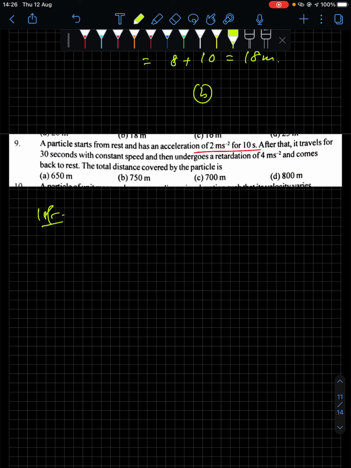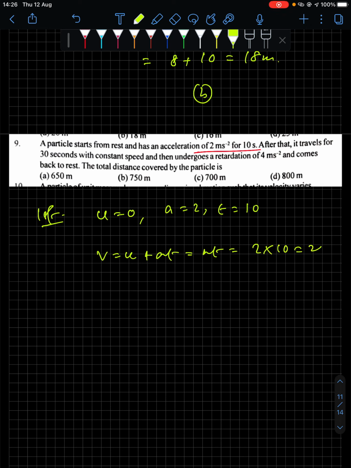So in the first part, u is 0, right? a is 2 and time is 10. So in the first part you can do v equals u plus at, which is at only because u is 0.